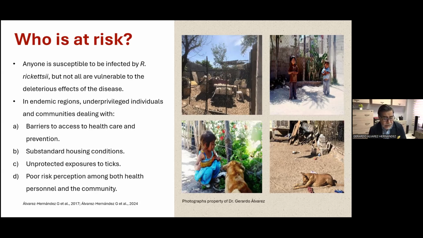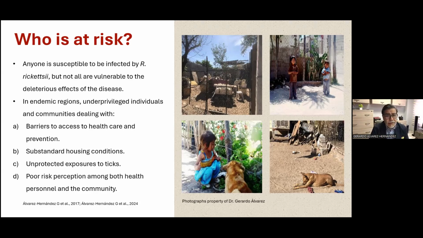They face poor housing conditions. They usually have unprotected exposures to ticks, and they have a very limited risk perception, not only among the community, but as well within health care workers.